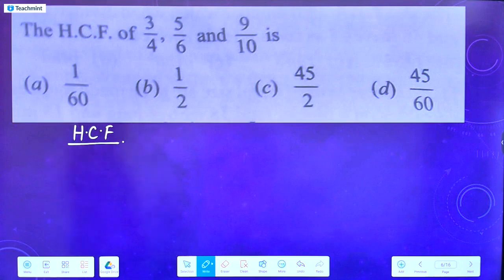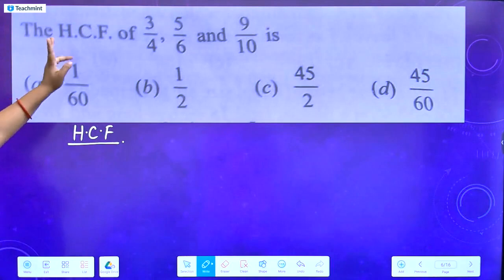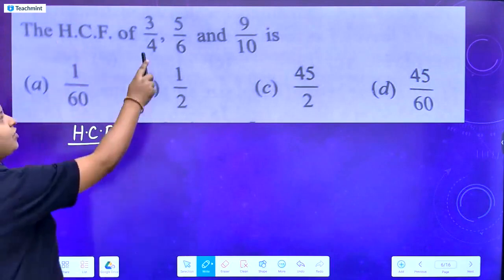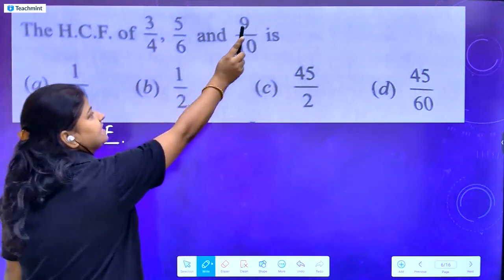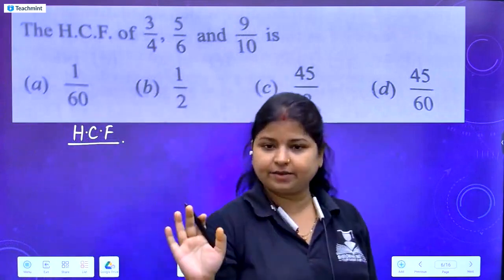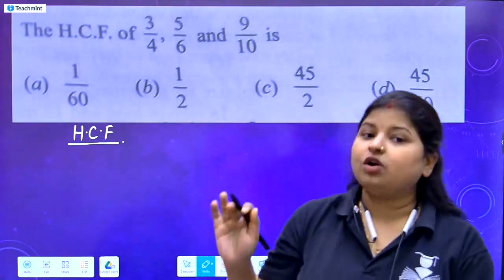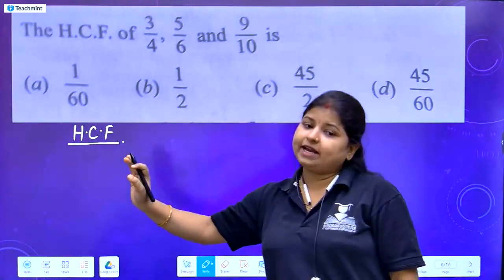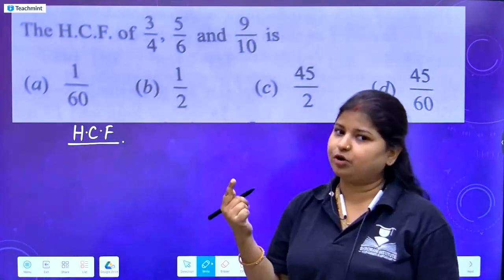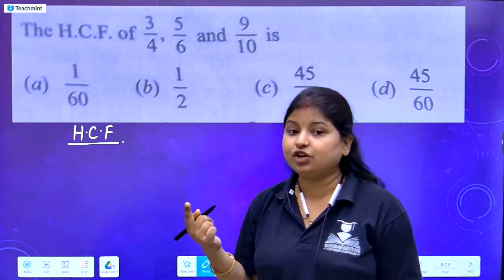अच्छा, देखो उत्कर्ष कैसे करेंगे, है ना? Now we have to calculate HCF of what? HCF of 3 by 4, 5 by 6 and 9 upon 10, right? All are fractions, right? So, first you will calculate the HCF of what? Formula says HCF of numerators.